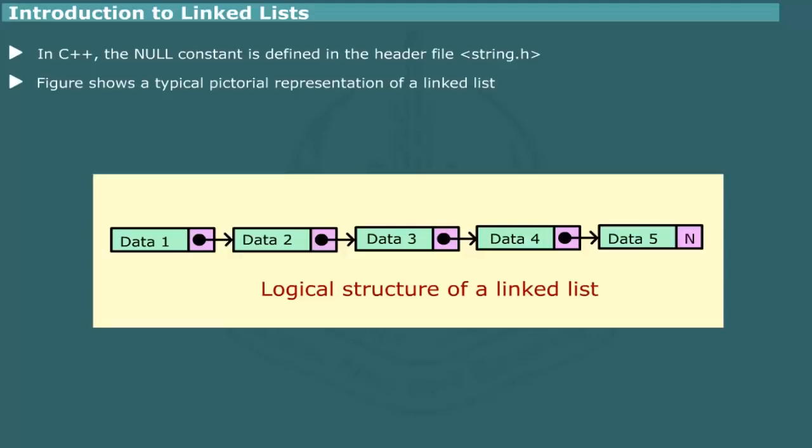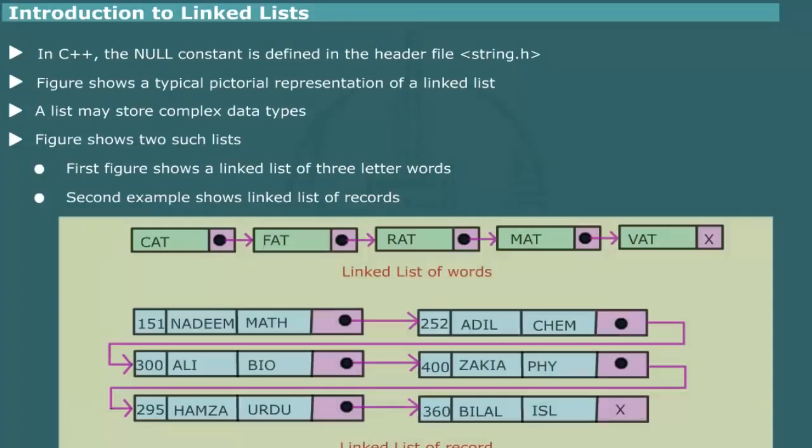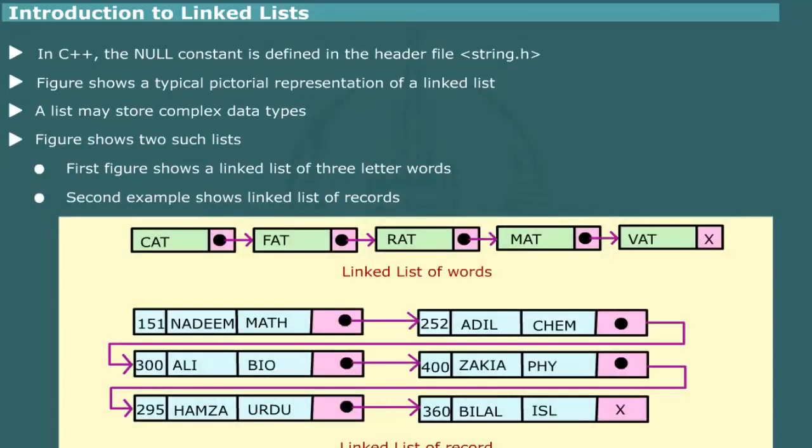As mentioned before, a list may be used to store complex data types, such as words in a text block or records in a database. Figure shows 2 such lists. The first structure contains words in dictionary order. The second list consists of student records, with each node containing roll number, name, and subject.